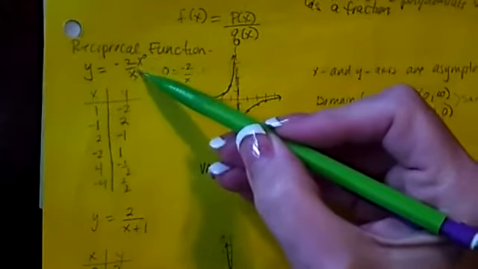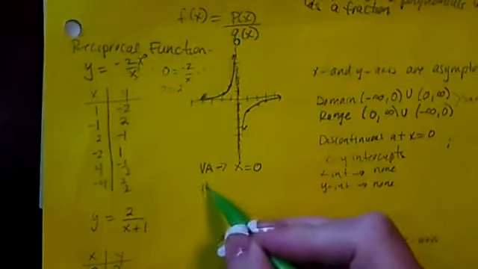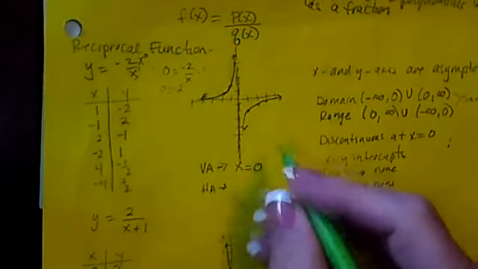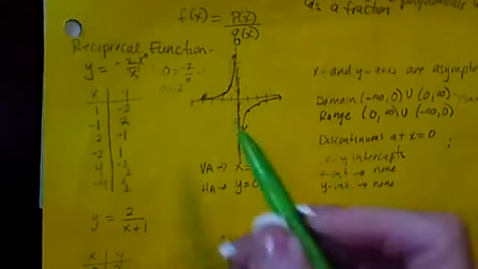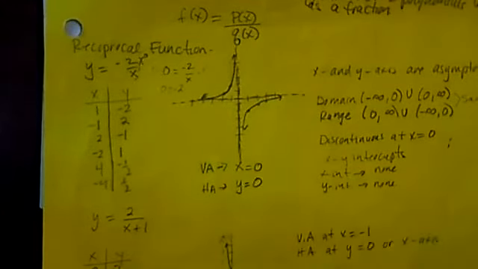So if this power, which is a 1, is bigger than this power, then we have a horizontal asymptote at y equals 0. So it has a horizontal asymptote which is the x-axis.